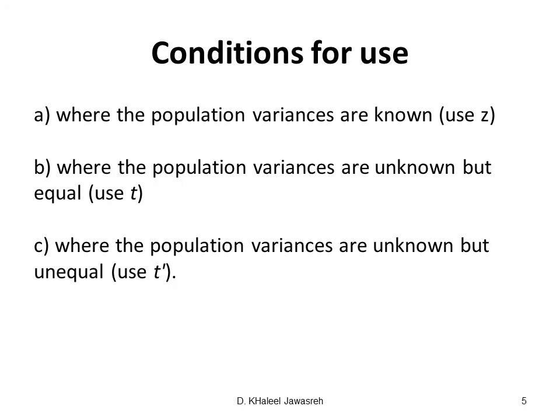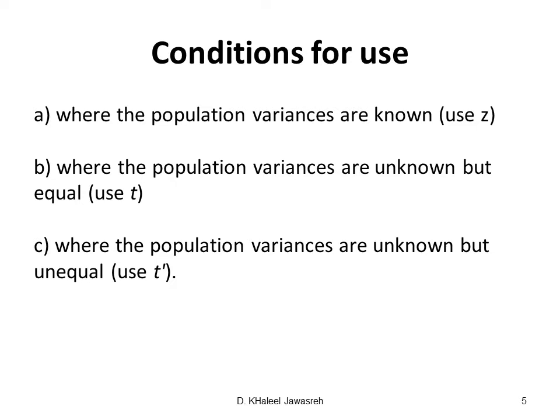If the population variances are known, we will use Z. Where the population variances are unknown but equal, we can use the T distribution or T tables. Where the population variances are unknown but unequal, we need to use T tables or the T distribution.